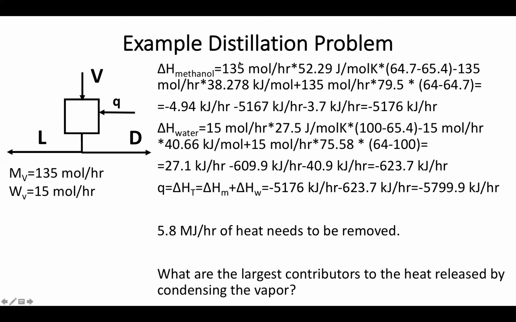We'll notice, just due to the sheer volume of methanol, definitely not due to its relatively lower latent heat, most of this energy actually goes into cooling the methanol, which isn't too surprising because it's the major component.